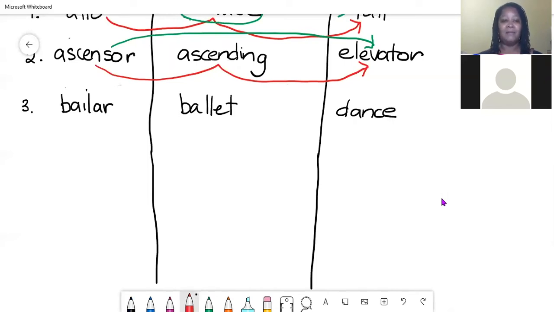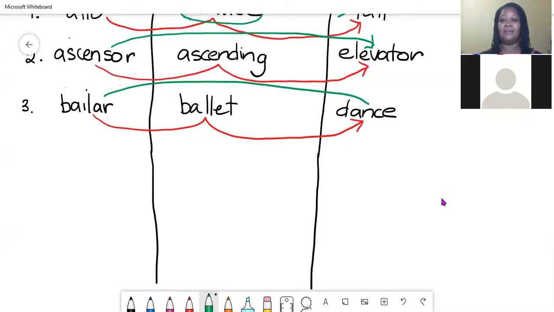So bailar to ballet, ballet to dance. Bailar means to dance, the infinitive to dance. Another example.